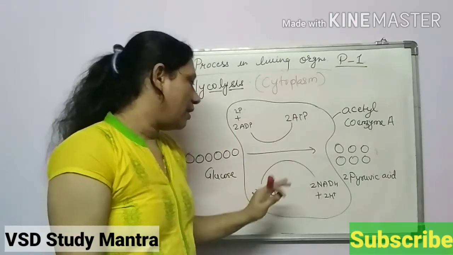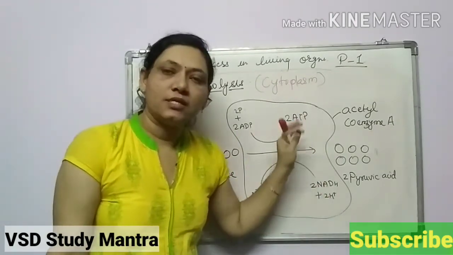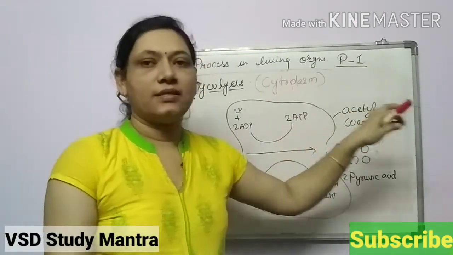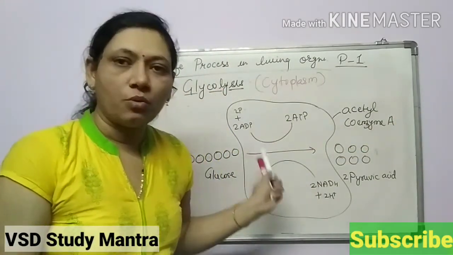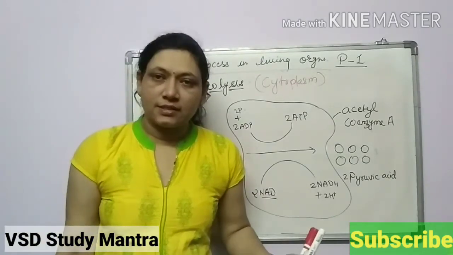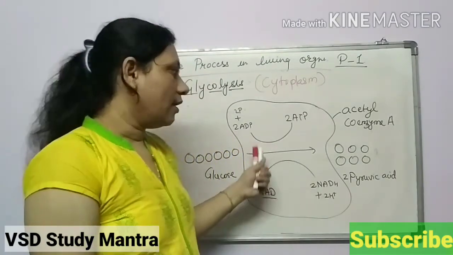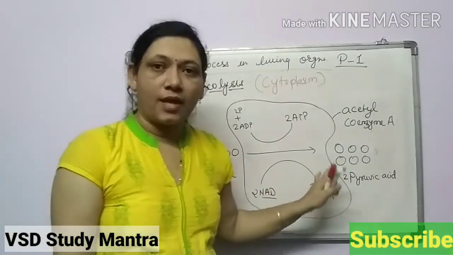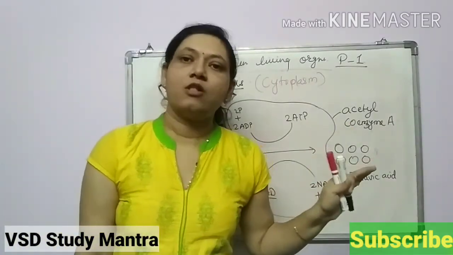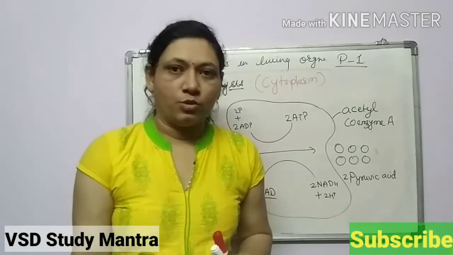ATP, NAD, NADH2, these are the acetyl coenzyme A. So this process is known as glycolysis. Here the energy is released like this, and this process is both aerobic and anaerobic.